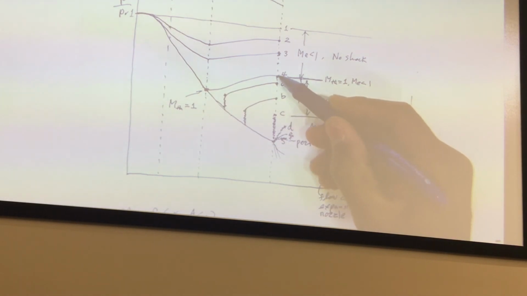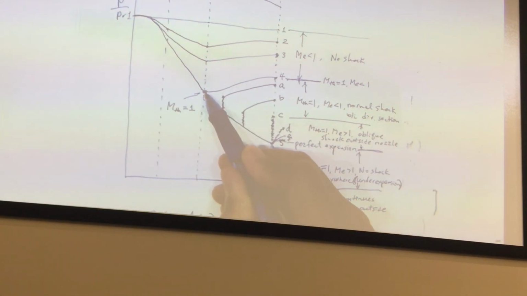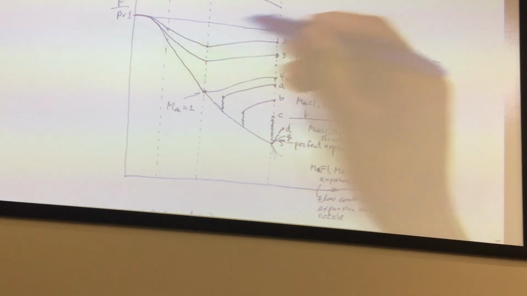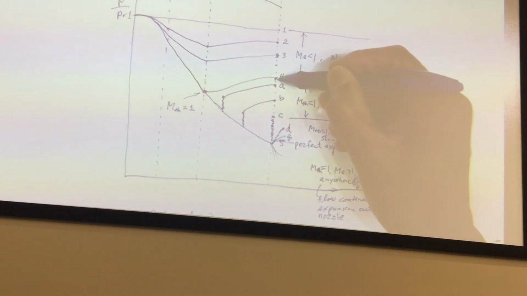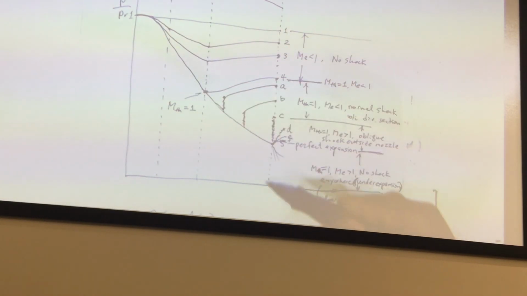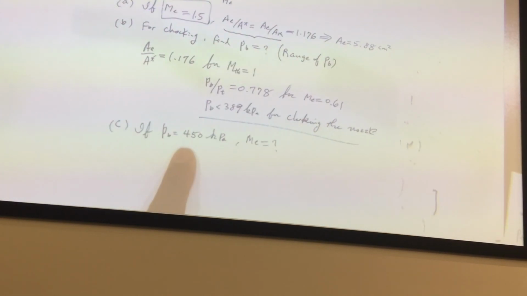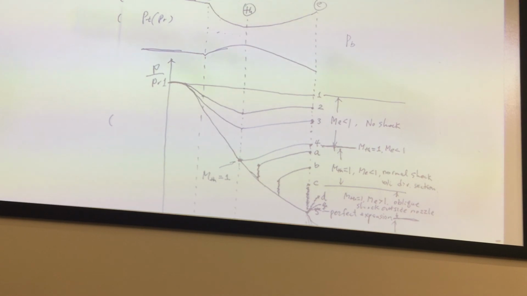But for all these conditions, as long as it's below 4, it doesn't change there, right? For example, corresponding to 1, 2, 3, and 4, we actually have a different curve. Because above 4, you would not have sonic condition at the throat. So that means the flow throughout the whole nozzle knows what's in the surroundings, because it's subsonic flow, and the signal from the surroundings says, hey, I'm 450 kilopascal, for example. The whole flow knows that and will adjust to it.